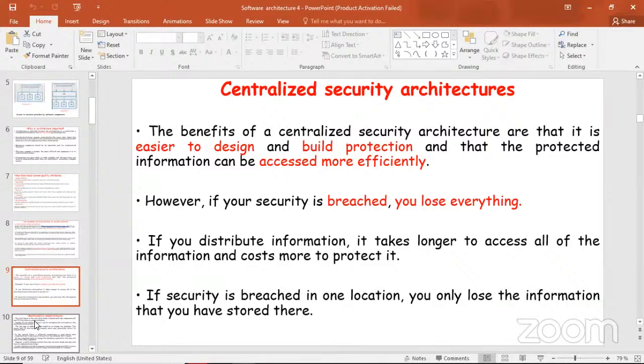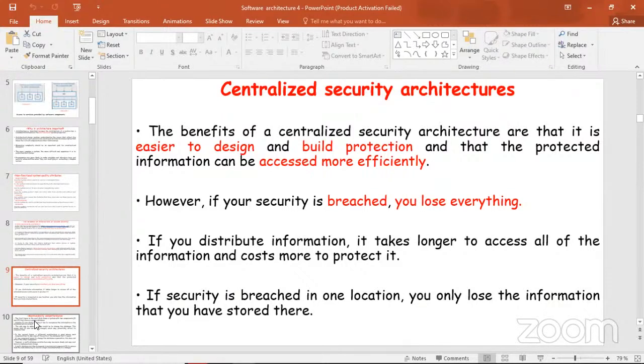So if you have several systems, right, and maybe your data is stored in just one database and you build some security around that database, of course, to access maybe documents or information on that database is quite easy. It is just direct from the terminals, right? Then you could also deploy a lot of security. That is about the benefit of a centralized security architecture.